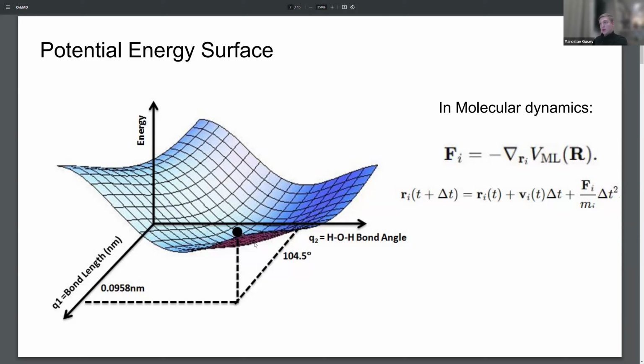And so this potential energy surface allows you to explore the optimal geometry of a molecule, for example. If you find the minimum of this potential energy surface, it will give you some information about optimal values, or the characteristic length of the bond, sorry, the characteristic angle.